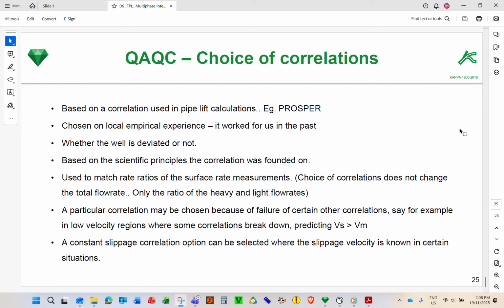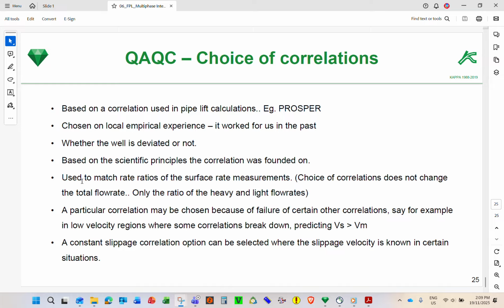If somebody has done Emerald using that correlation and it was correct, matching the surface measurement and surface rate, then we continue using that correlation. Deviation or not: some correlations are dedicated only to vertical wells, so we need to choose whether it is applicable for deviated wells.